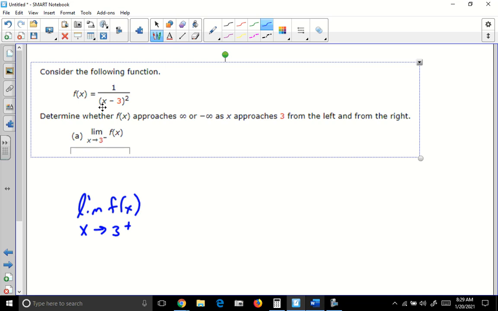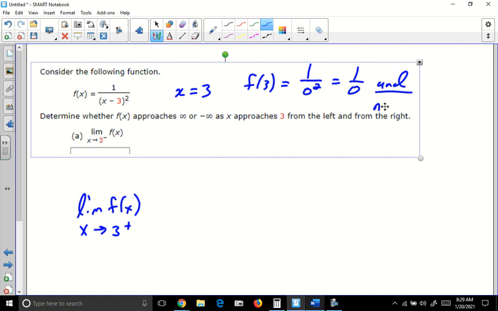Now let's notice that when x equals 3, if we were to plug 3 into our function, we would still get a 1 on top. 3 minus 3 is 0, and squared is 0. So that's undefined. It's not indeterminate because we don't have 0 on top.